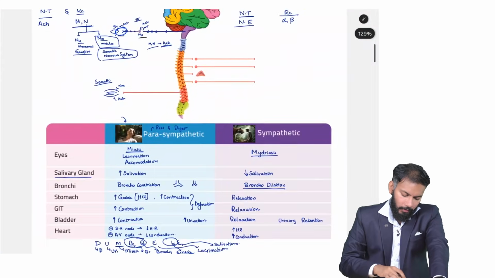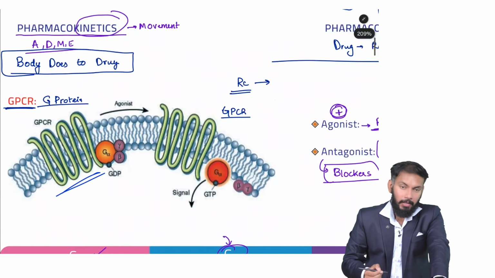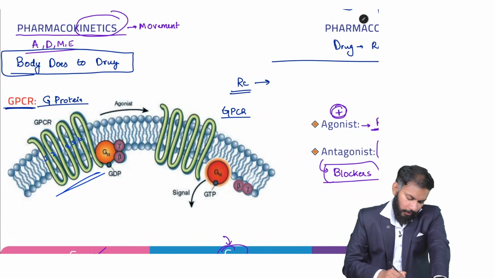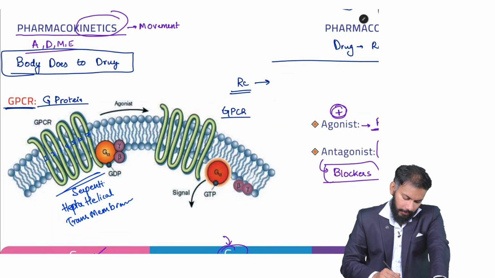You can see in the previous chapter also, these are GPCRs. How is it looking? 1, 2, 3, 4, 5, 6, 7. So this is heptahelical. It is passing through the membrane, so it is transmembrane. It looks like a snake, so it is what? Serpentine. Serpentine heptahelical transmembrane receptor.